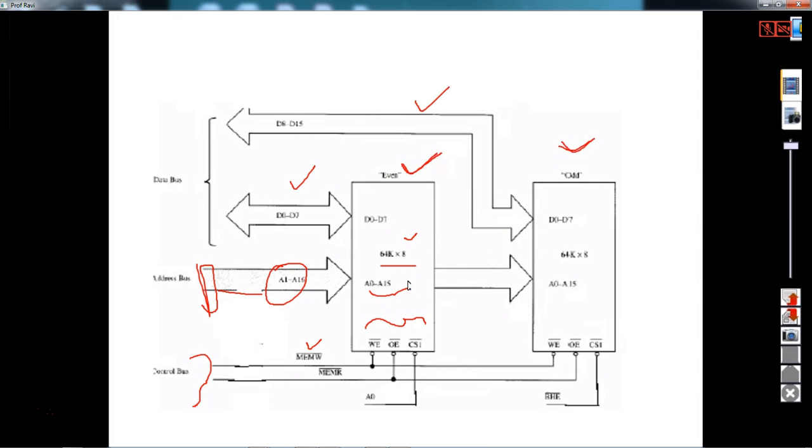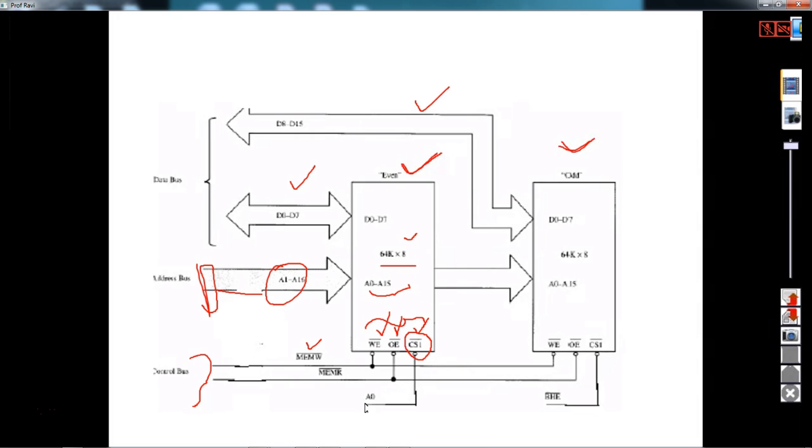So now the pin diagram of the memory IC, if you try to see, very important pins are write enable, output enable and chip select. So the chip select means what? When this chip select is 0, then you can read a byte or you can write a byte.